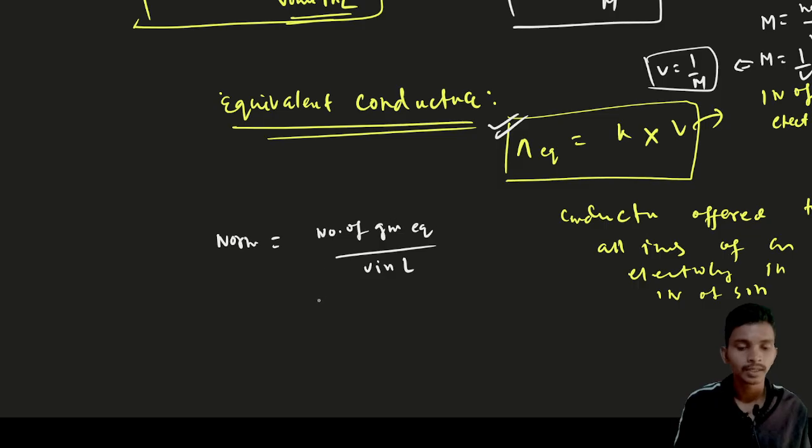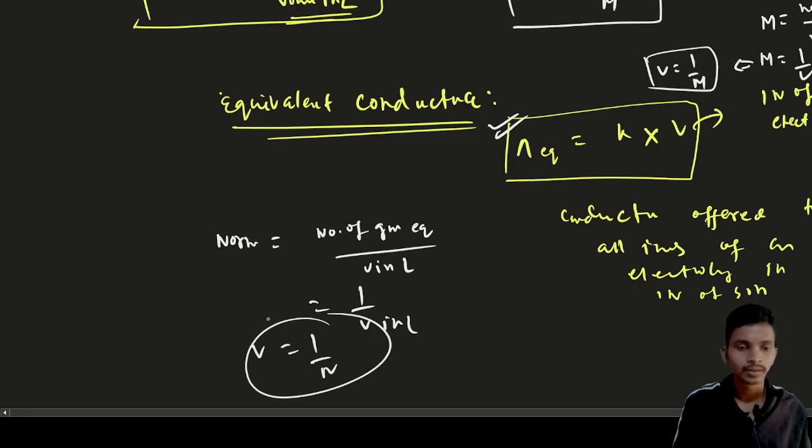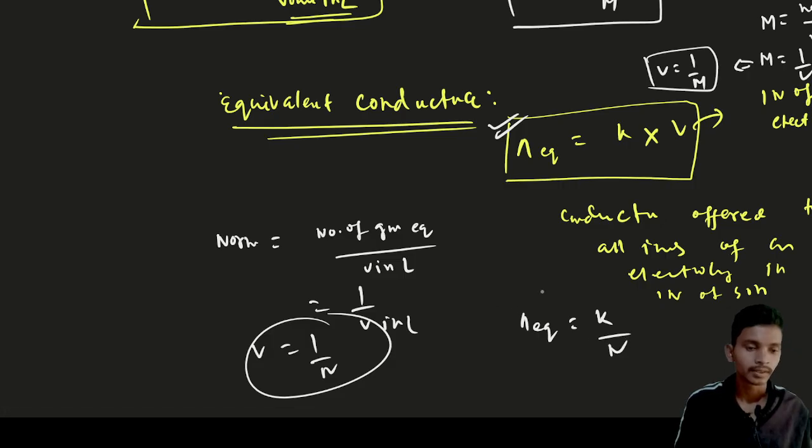If we assume this as 1, then V equals 1 by normality. So if we put it here, then Λ equivalent equals k upon N. So these are the formulas we will use.